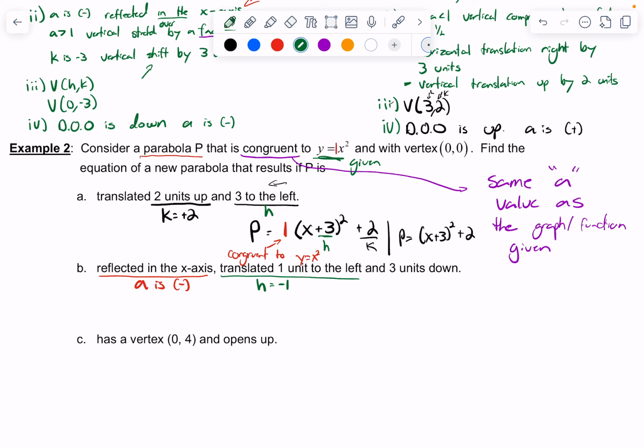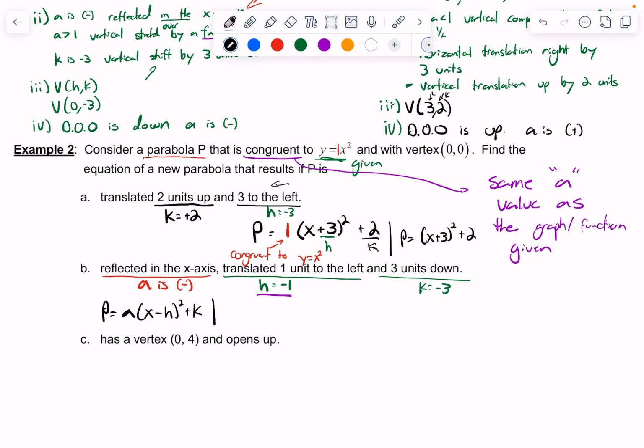And then 3 units down. Oh, I should have put up here minus 3 so you can see it. K is minus 3. And I'll show you the math behind this, right? Again, the formula is the parabola is A x minus H squared plus K. So what does that give us?